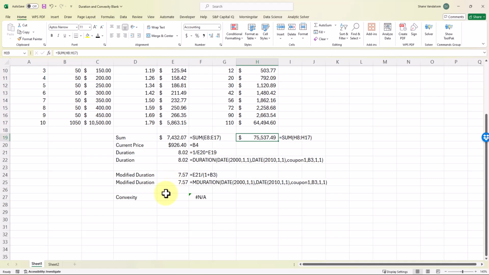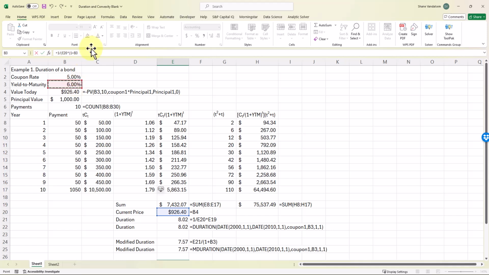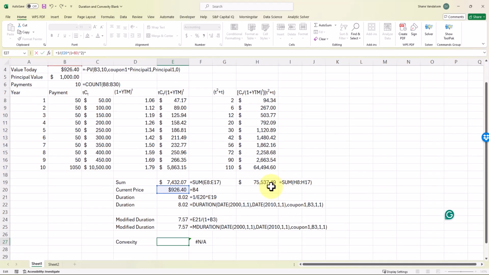to calculate our convexity. Okay, so I'm going to start with the first argument there, equals 1 divided by, open parentheses, the current price multiplied by 1 plus the yield to maturity, B3, close parentheses, caret, squared, close parentheses, multiplied by our sum here, to get a value of 72.57.